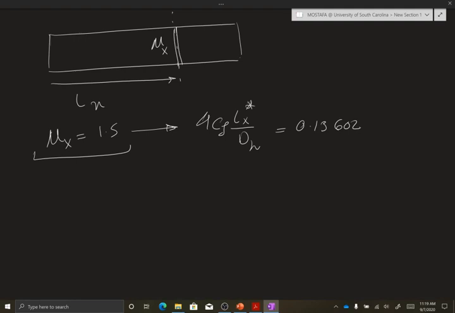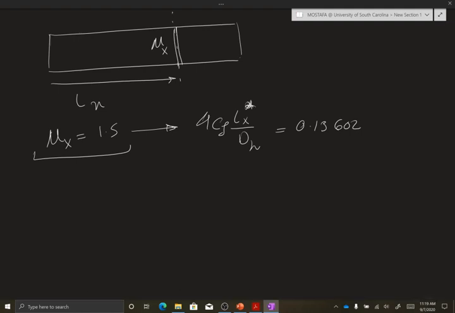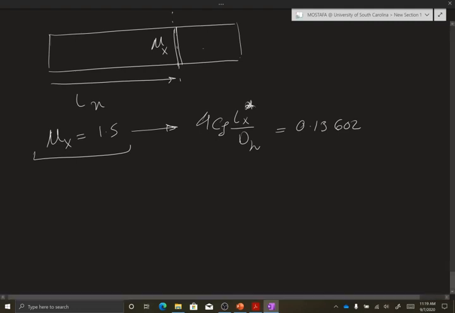Okay, so for this Mach number, Lx star must be equal to 0.13, right? Which essentially, let's cut this again. Essentially, what we are doing here is that we have an M1, we have an Mx, which is acting as an exit Mach number. So we have found a star parameter for it, right?